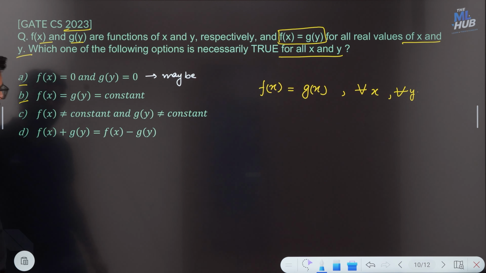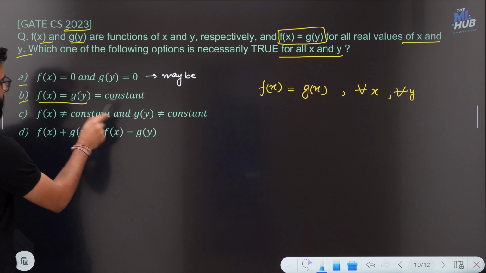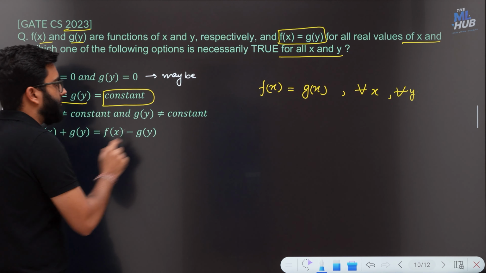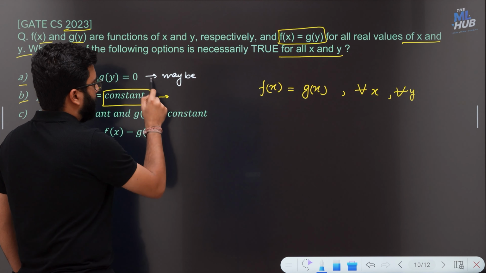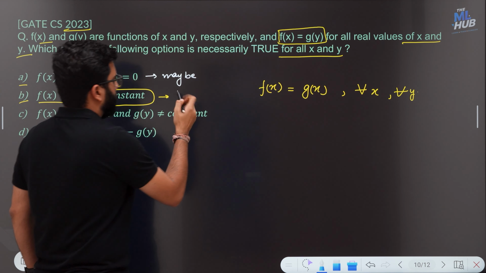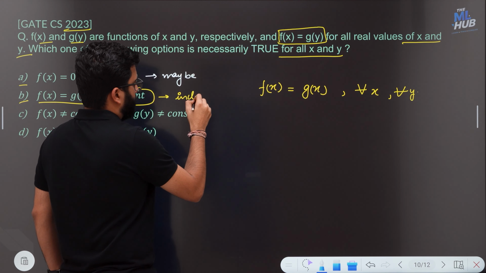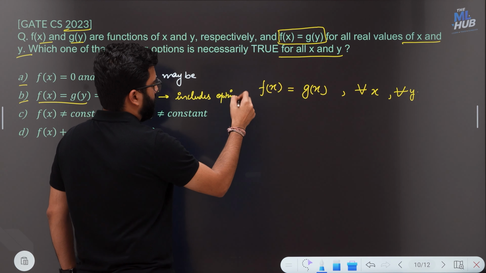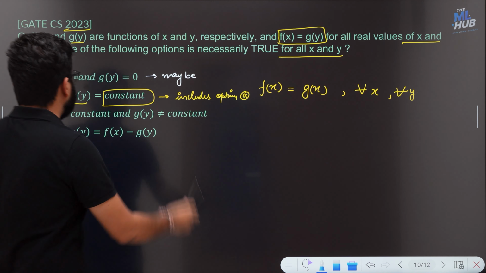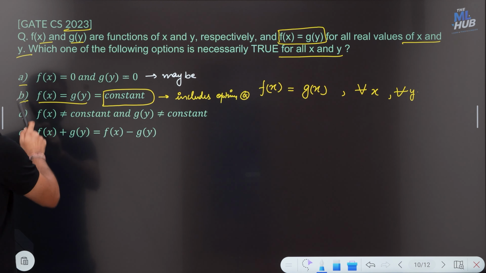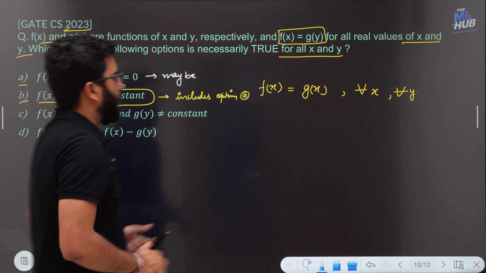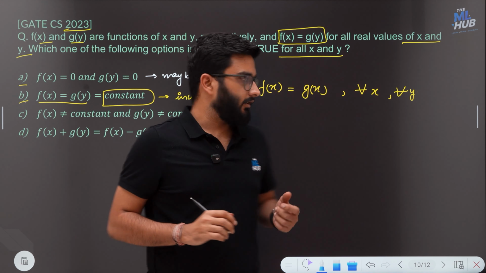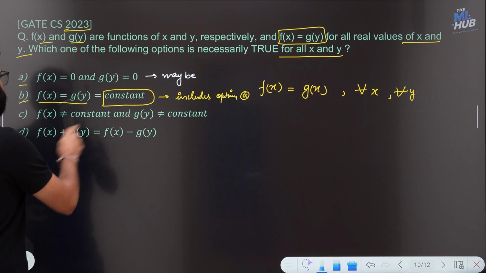Option B, what it says, f(x) is equal to g of y, which is given to us, is equal to a constant. So if you closely see this option B, it is also including option A. So if you have to choose between which is correct, option A or B, B will be a more appropriate option, whether f of x is 0 and g of y is also 0, or both are equal and equal to a constant.